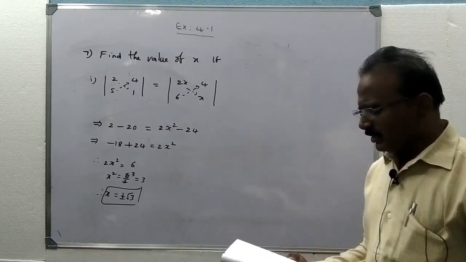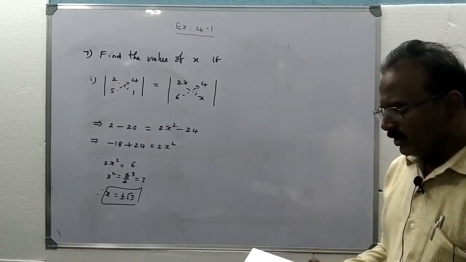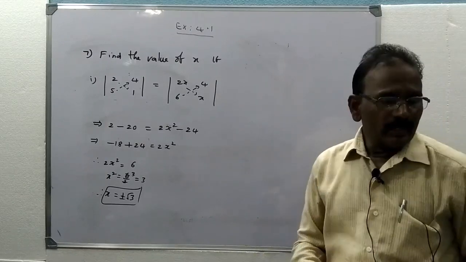Find the value of x. Here x is equal to plus or minus 6. That is the answer. Similarly, you solve the 7th question's second part and the 8th question.